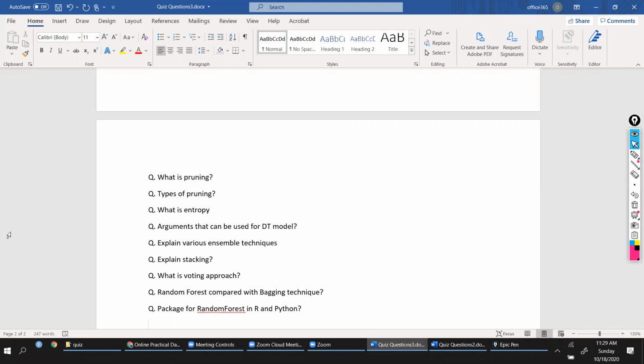By default, what is the variable size that is used in random forest? Okay. Square root of p is okay. We also have p by 3. Two options. P by 3 is also there.